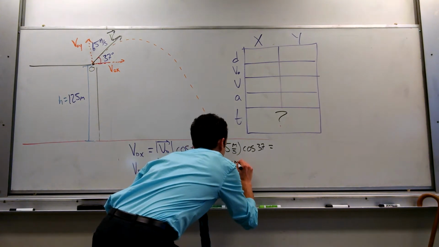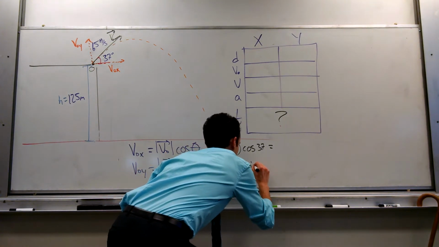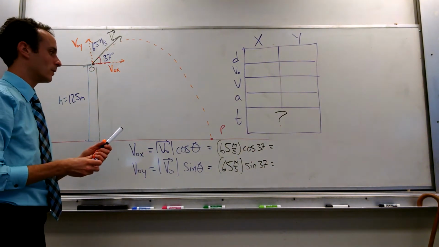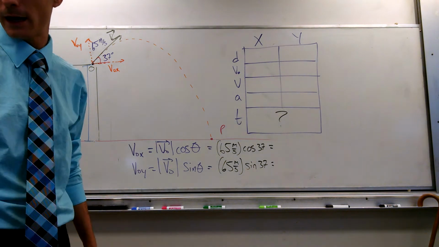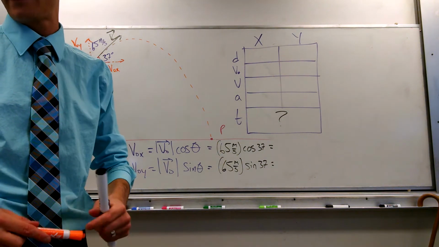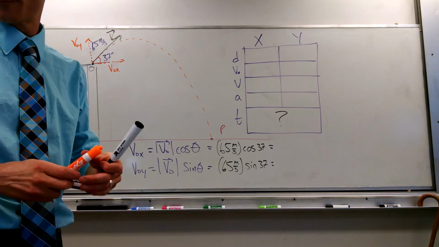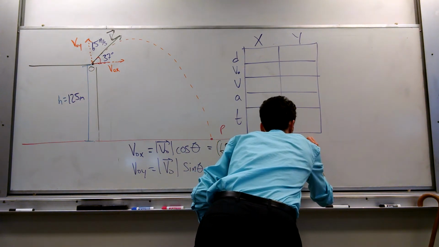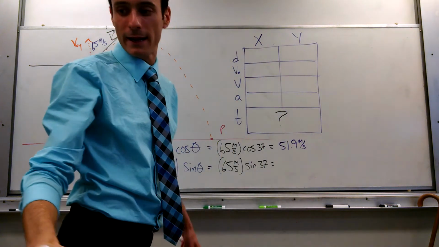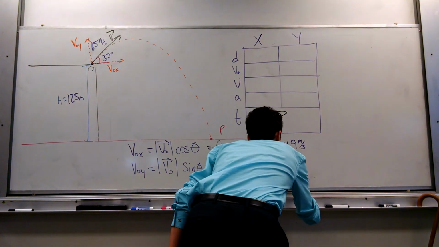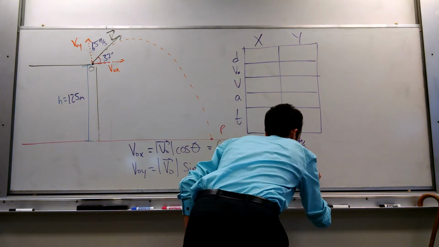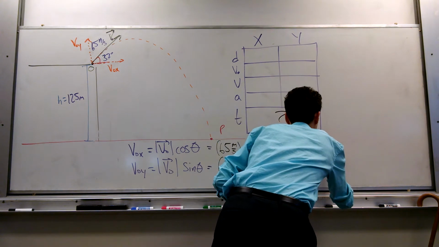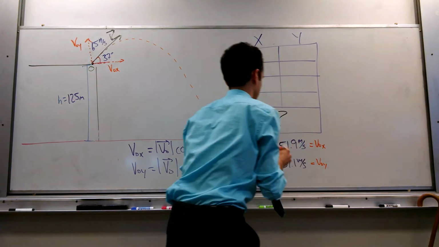If you calculate that, you will find that v naught x is equal to 51.9 meters per second, and v naught y is equal to 39.1 meters per second. Again, this is v naught x, and this is v naught y.